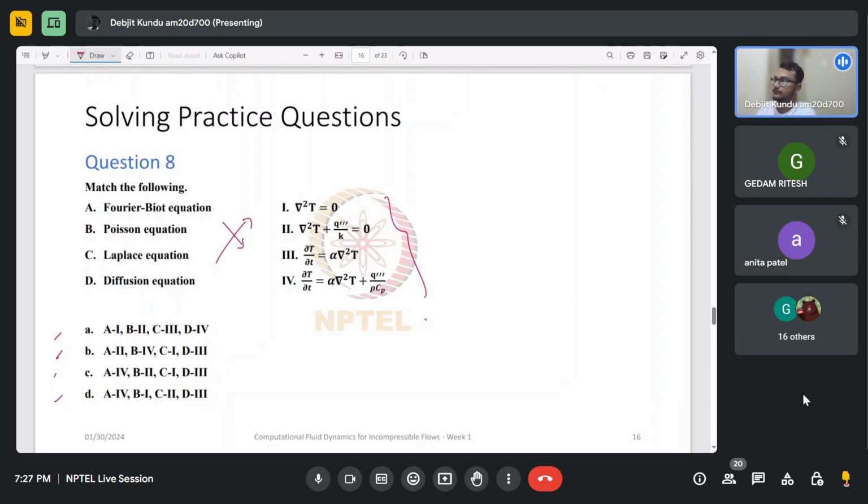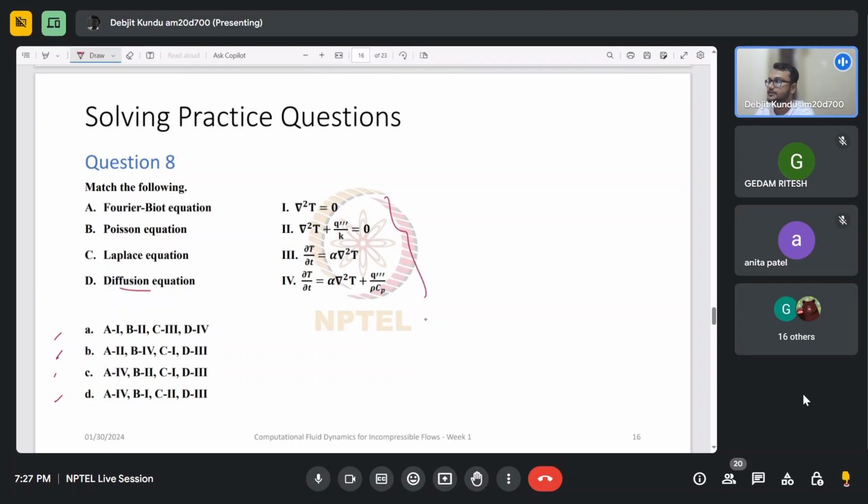So option A, Fourier Biot equation. Okay, let's start from the other end. Let's say we start from D, the diffusion equation.